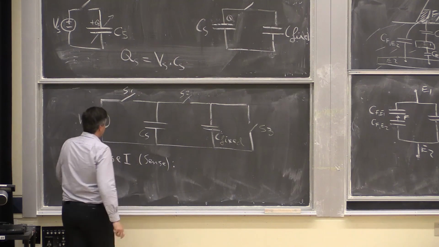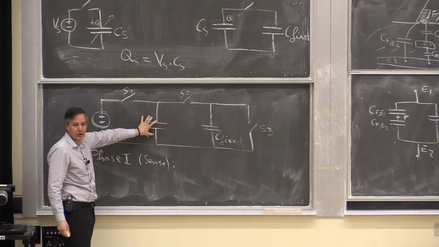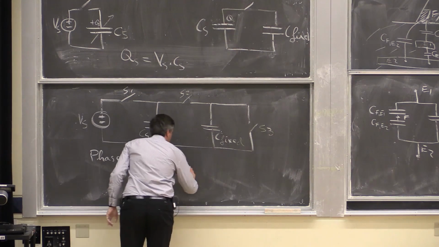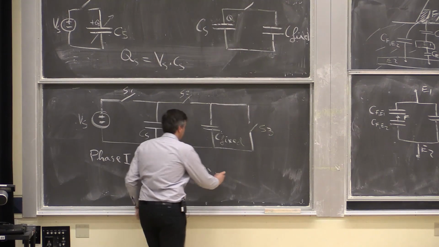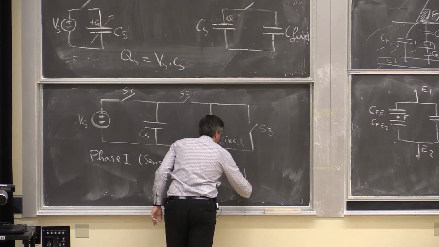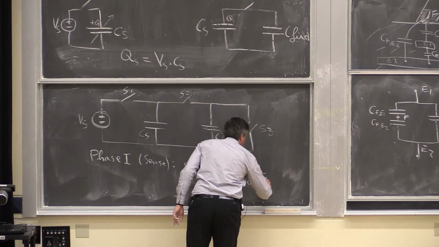In the sensing phase, S1 is on because we're actually charging the capacitor here. So S1 is on, S2 is off, and S3 is on.